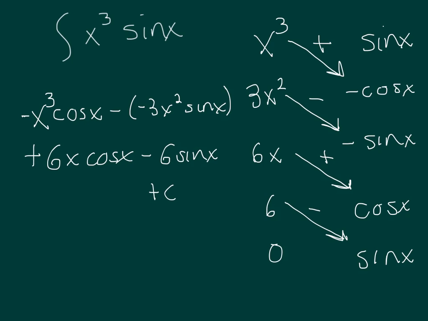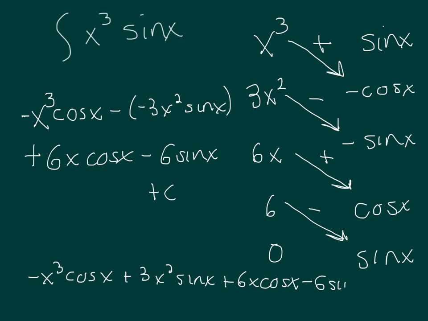So the final answer is going to be negative x cubed cos x plus 3x squared sine x plus 6x cos x minus 6 sine x.